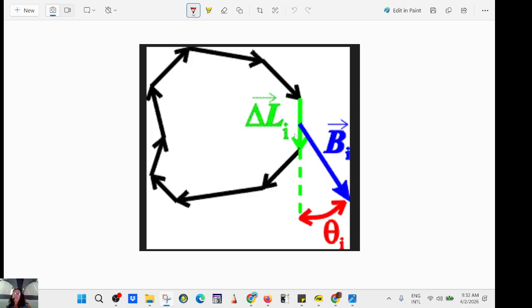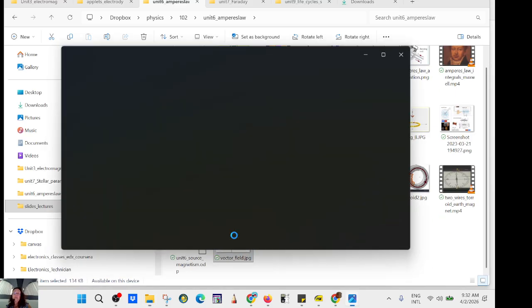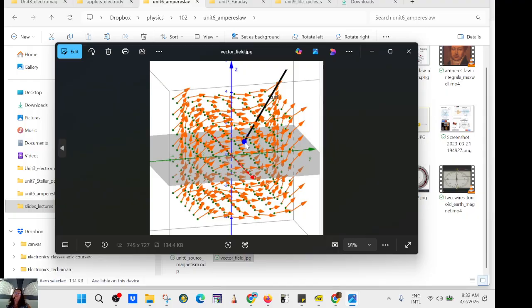And the magnetic field is a vector field. So it means everywhere in space, you're going to have a value for that magnetic field. So you're going to have a direction and a magnitude. Okay, so in 3D, that will be a vector field.